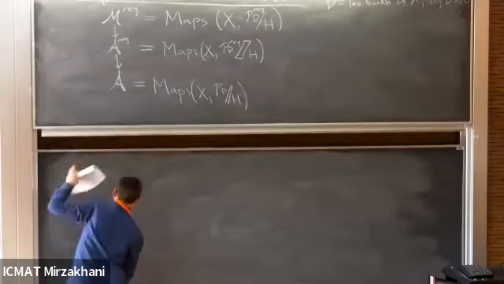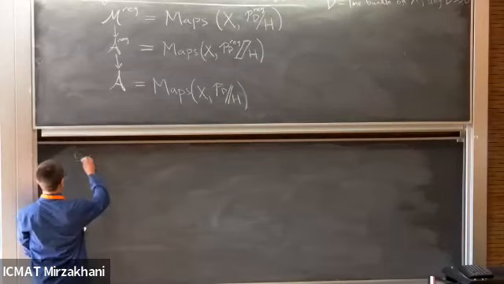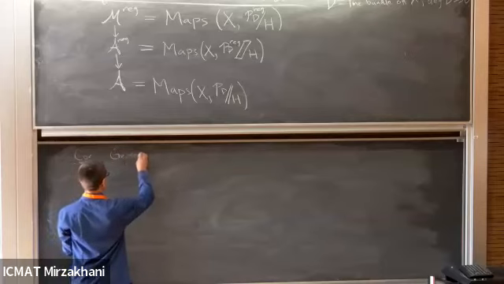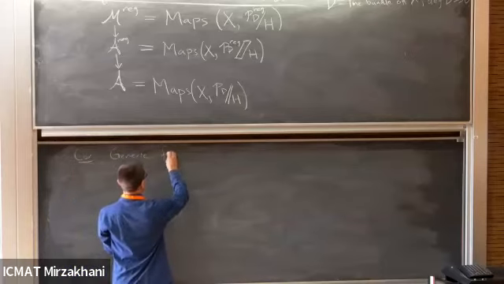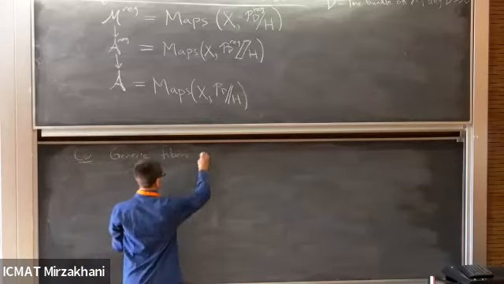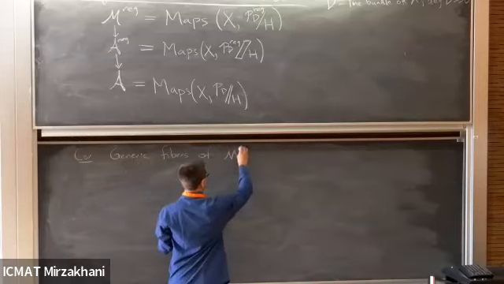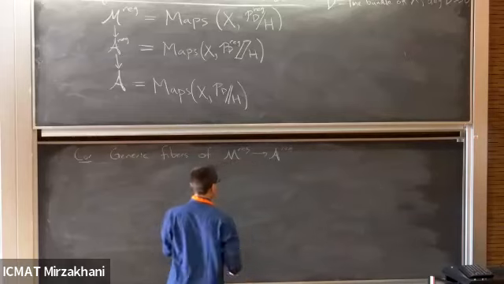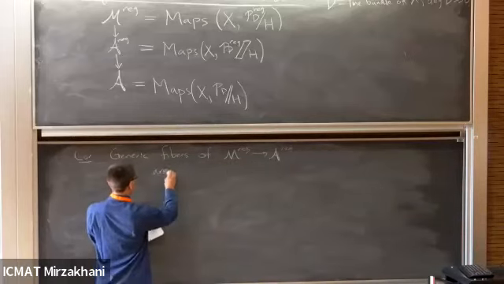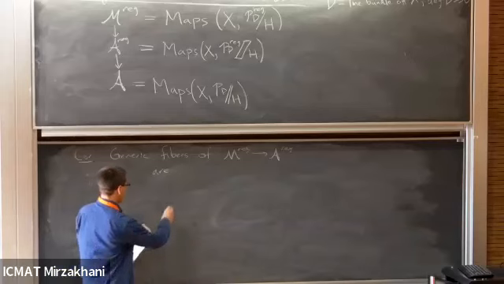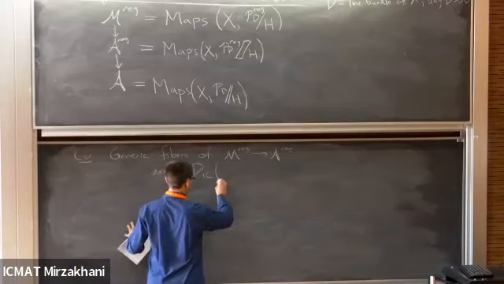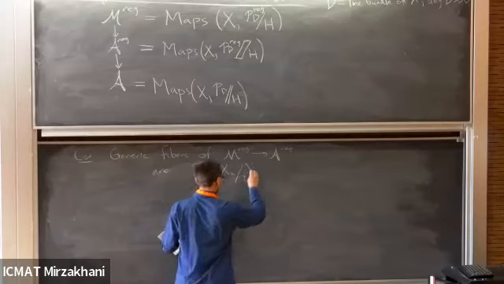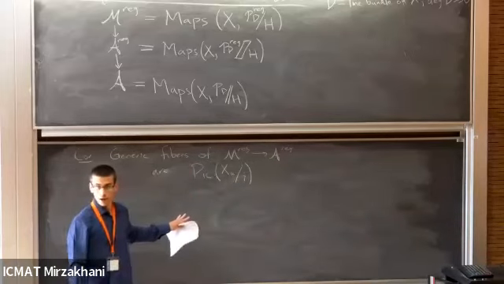So that's the corollary here. The generic fibers of M^reg to A^reg are going to look like the Picard stack of a quotient of a spectral cover by the involution.